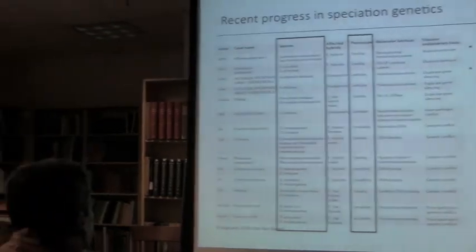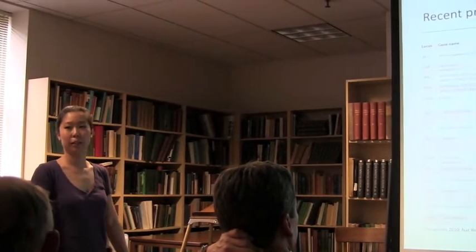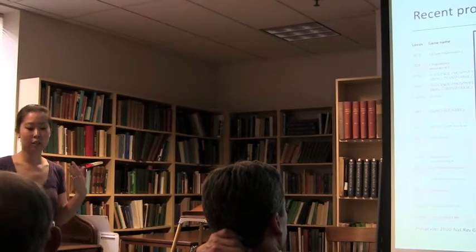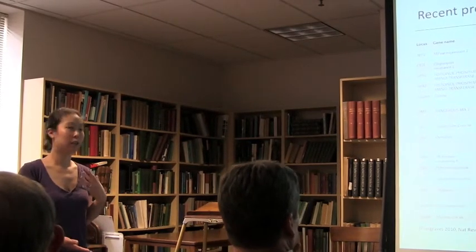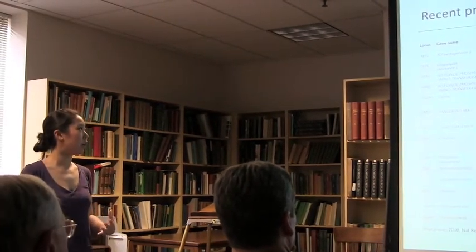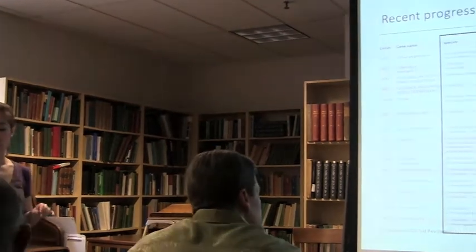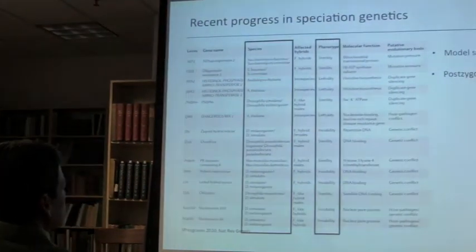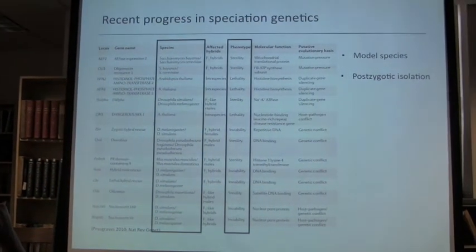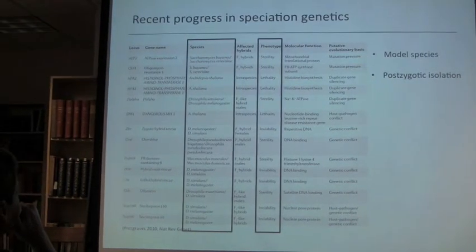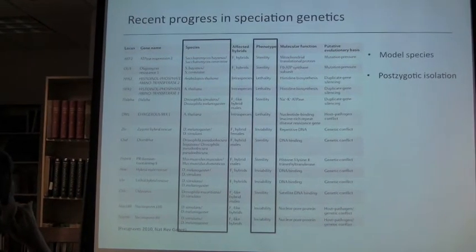We only see sterility, lethality, and inviability as phenotypes here. And this is most likely not the complete picture, I would argue. I think the reason for this is mainly the focus on model species, which makes sense because it takes a lot of resources and a lot of time to develop the genetics for one of these species to use in genetic studies.